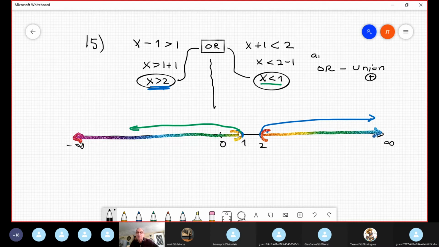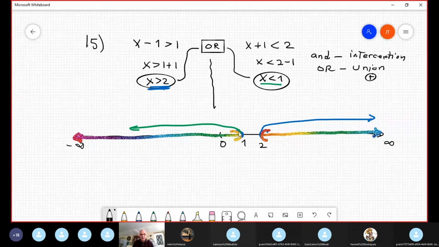AND is a little bit more picky. It's intersection, and intersection means common elements, the part where both intervals overlap, touch. In this case, not necessarily touch, because it's the left part plus the right part together.